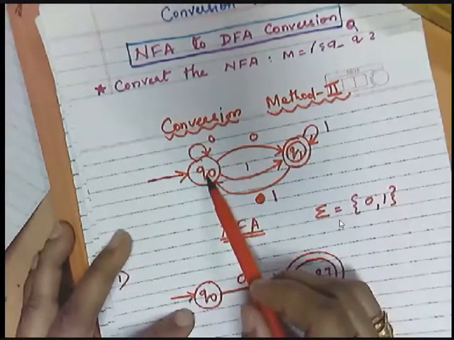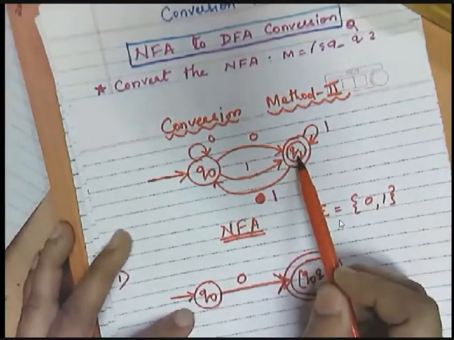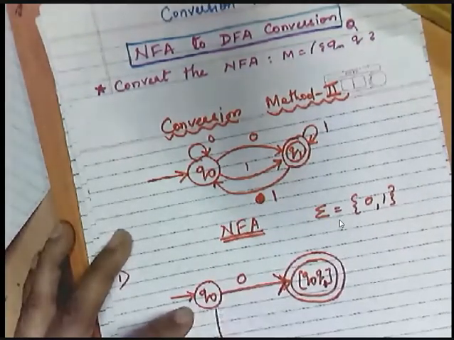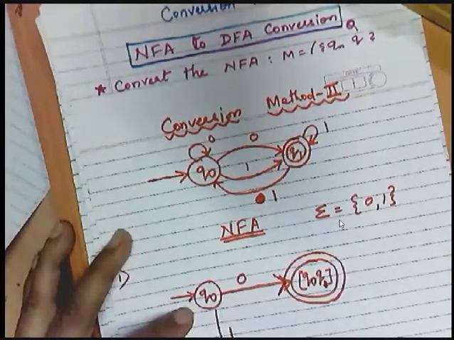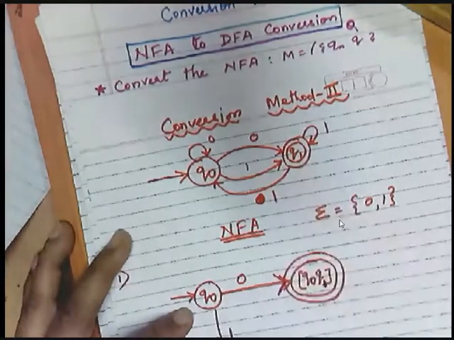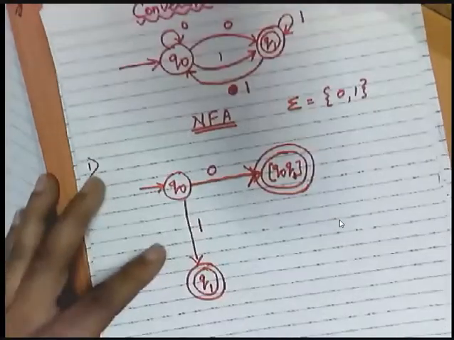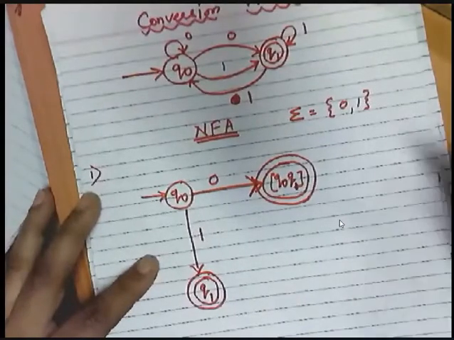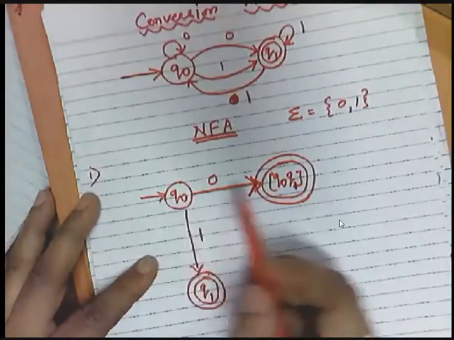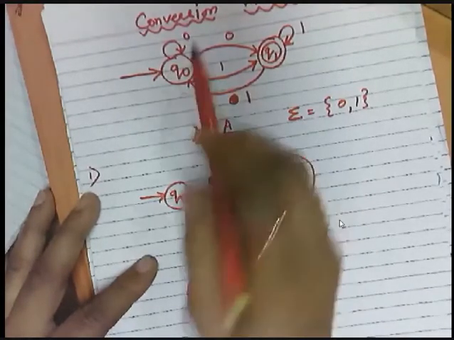Q0 on 1 moves to only one state, Q1. Since it is a final state, I also make it a final state. Is it clear? So Q0 on 0 moves to Q0, Q1, and Q0 on 1 moves to Q1. So the turn of Q0 is over.